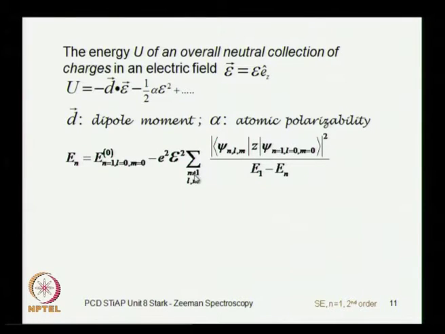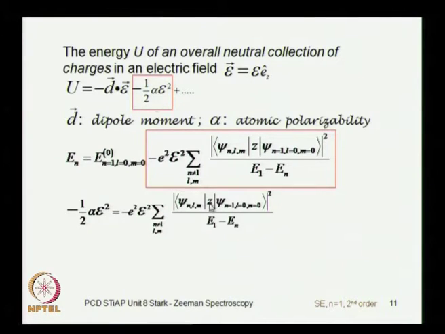So, this is exact, this is n not equal to 1, right, and this is exact. So, here you have the unperturbed energy, the energy of the nth state will be given by the sum of the unperturbed energy plus the energy correction in the second order. The first order correction vanishes, and in the second order correction you have got a quadratic term in the amplitude of the electric intensity, and now you can compare the quadratic term, because a comparison of these two quadratic terms gives you the atomic polarizability.